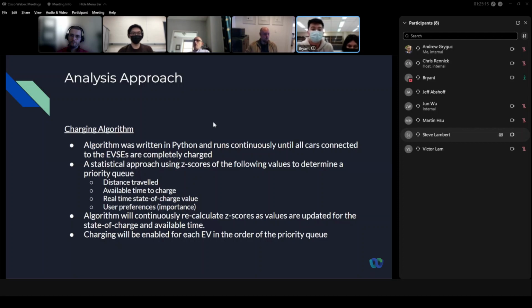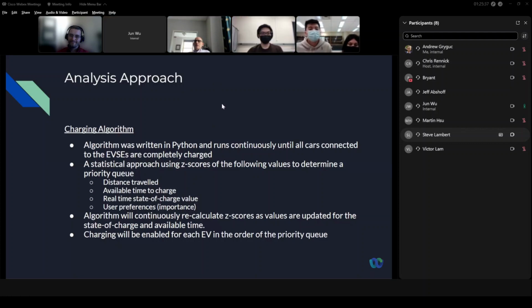How do you control how much current? Can you dial down one and give preference to another, or is it on-off? It's more based on what the vehicle wants. Can your system do it? I think there's a misunderstanding of how it works.